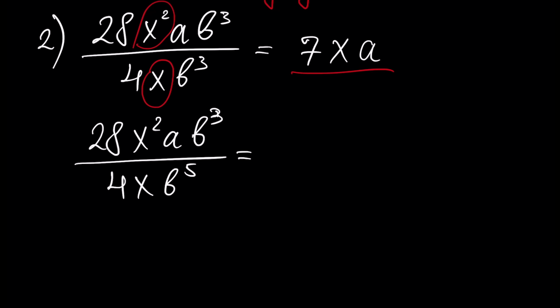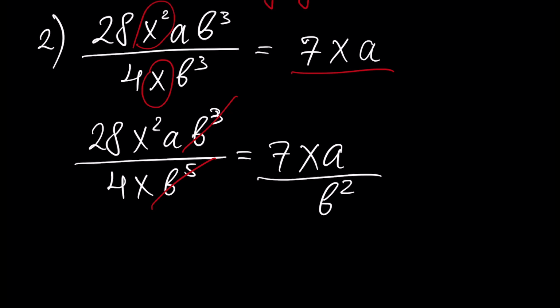In this case, we have 7x a, and here we will have b squared, because this b to the power 3 is cancelled, and from this b to the power 5, we are left with b squared. And this can be written as 7xa and b to the power minus 2.